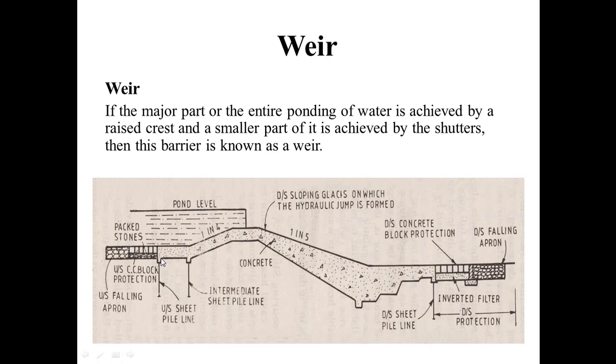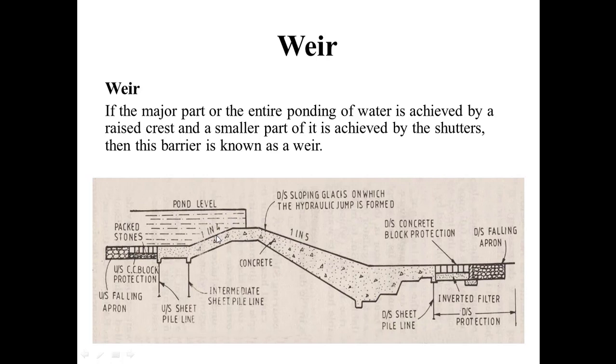Also there are cut-off piles with sheet piles. The first one is called sheet pile line number 1, or the upstream sheet pile line. The second one is the intermediate sheet pile line, and at the end it is called the downstream sheet pile line.